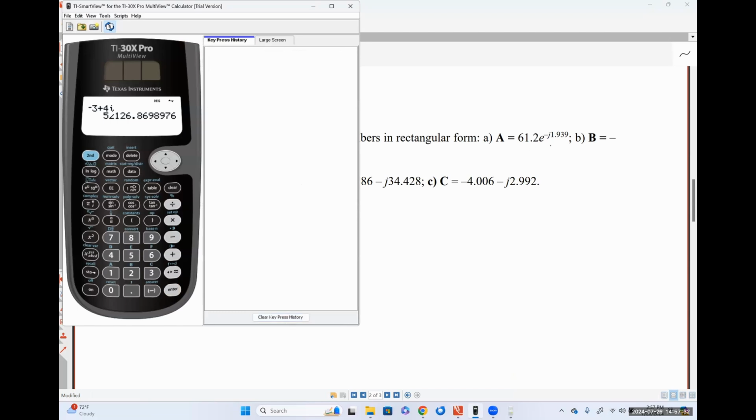So we're looking at this number A, 61.2 e to the j 1.939. Let me ask you guys generally a question here. Do you see a degree symbol on that 1.939?